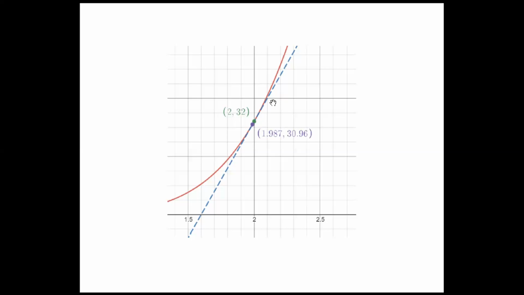They only stay the same for a while, and then the two graphs diverge. They have nothing in common, okay? And that's okay with us, because we're only interested in the graph near 2, because 1.987 is close to 2.